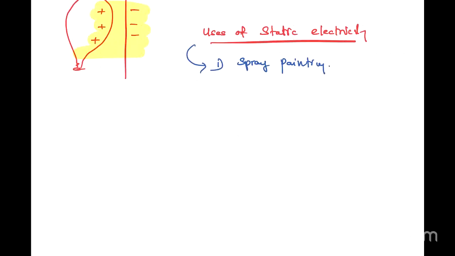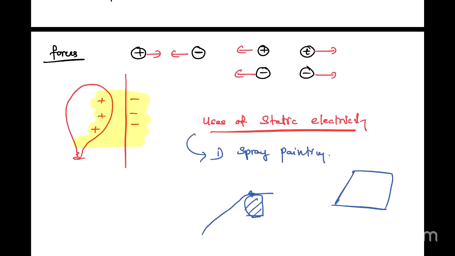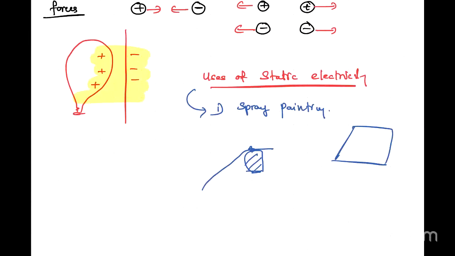So the main theory is, remember, we have the spray gun. We'll draw it like this, and we have the object here. So our main theory is that, according to this diagram, if you have the attraction force, then these paint droplets will be thoroughly attached to the framework or the object, right?